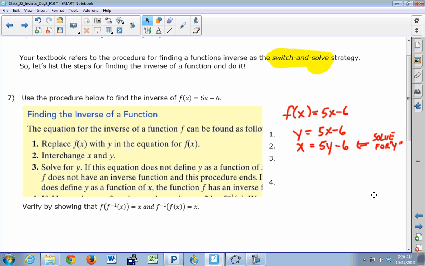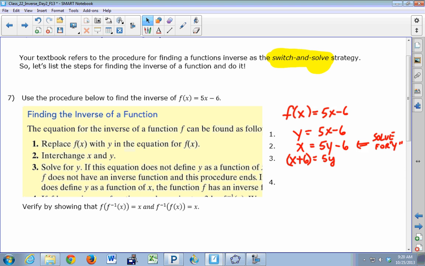So we just solve this equation for y, and that's what you've been used to doing all along. You would add 6 to both sides. And then your result, x plus 6, should be put in parentheses, because if x was a number, you'd just call that one thing, like 10 if x is 4, or 0 if x is negative 6. So put it in parentheses because it's a result.